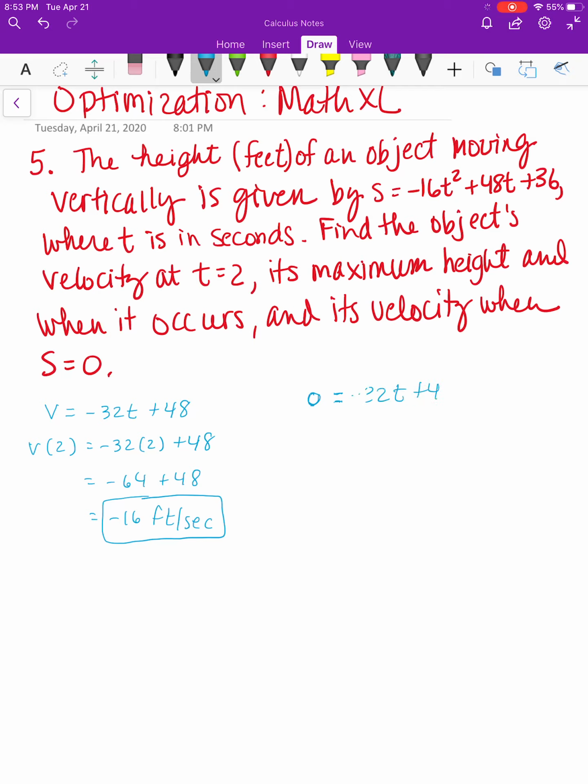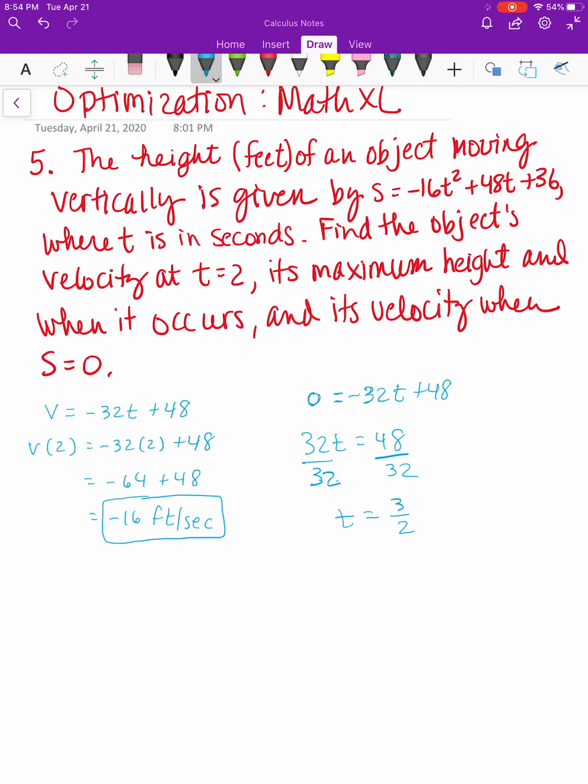If an object is moving vertically, it is going to stop when it hits its maximum height, and that's where the velocity is 0. So to find the maximum height, I wanted to find the time when it was happening. I set my velocity equal to 0. And I moved my 32 over, made it positive.